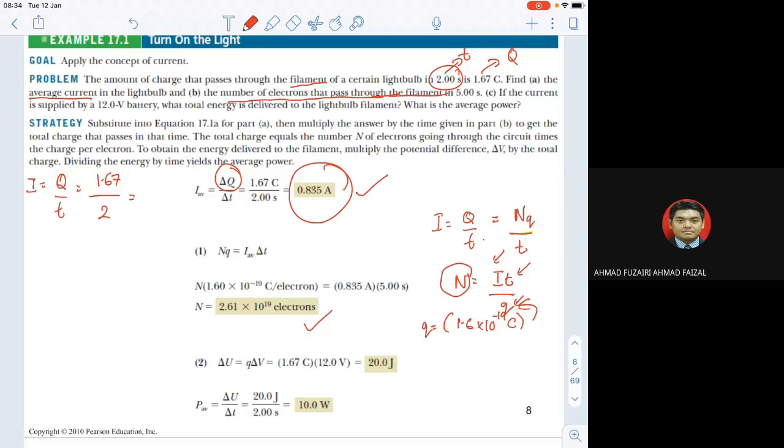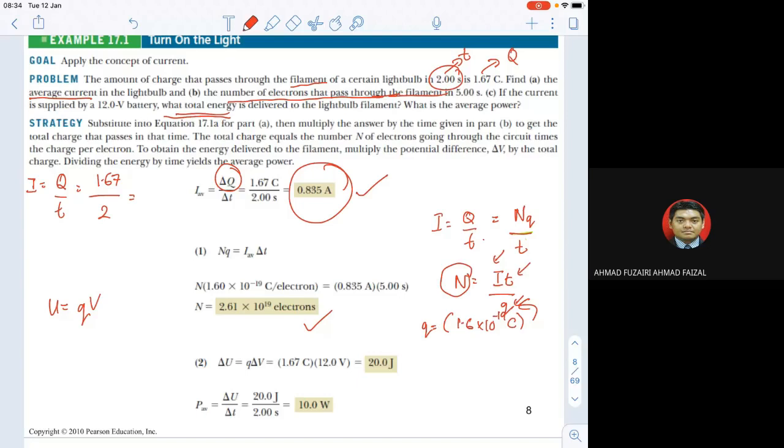If the current is supplied by a 12-volt battery, what total energy is delivered to the light bulb filament? Remember from our previous lessons, the total energy U is equivalent to QV, U equals QV.